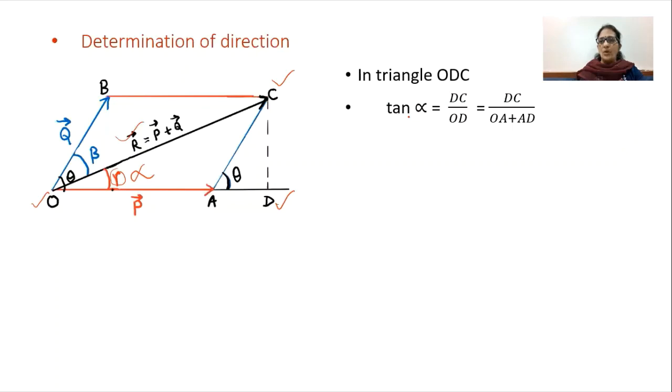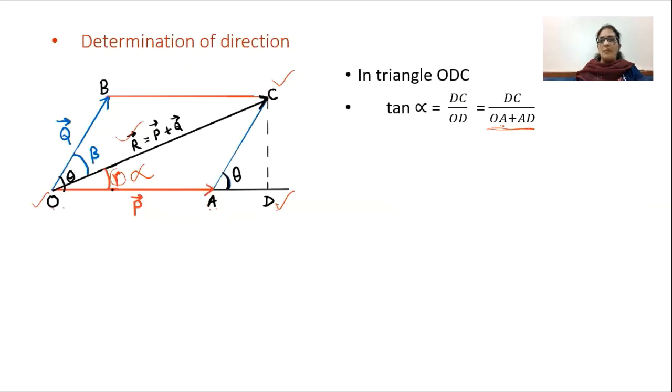It is sine upon cos, or in terms of ratio of the sides, it is the opposite side divided by the adjacent side. What is the opposite side of alpha? It is DC, and the adjacent side is OD. So DC upon OD. As in the previous part, OD can be divided into OA plus AD. So OA plus AD, look in the diagram, OA plus AD is OD.